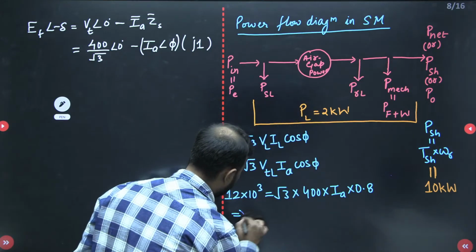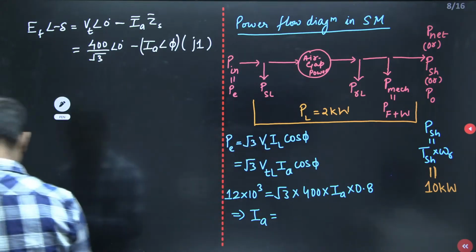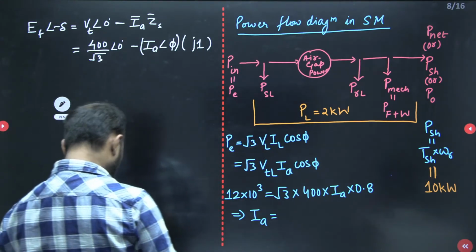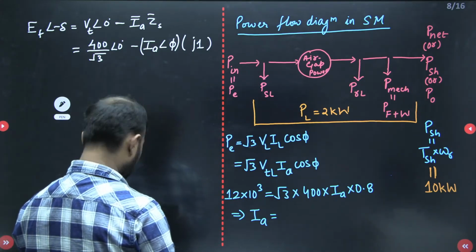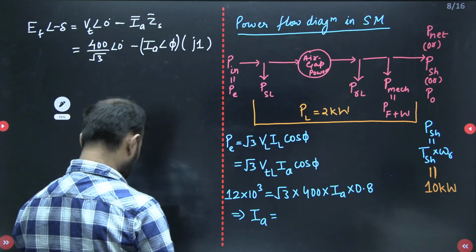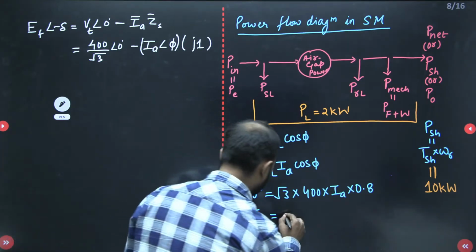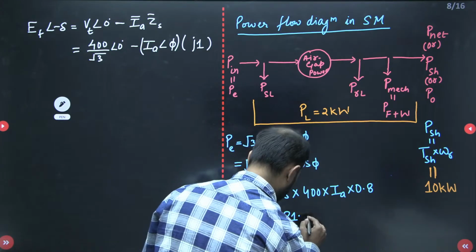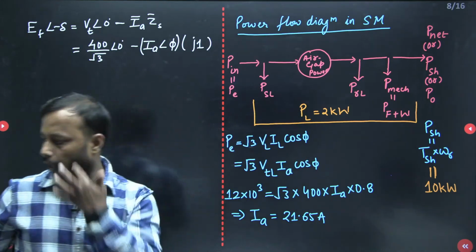From here, I will get the IA value: 12 into 10 to the power 3 whole divided by 400 into 0.8 into root 3, which is 21.65 ampere. We have got the armature current value.